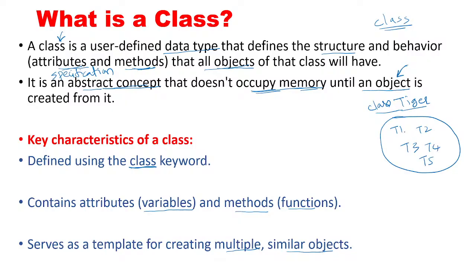All the tigers will have the same kind of structure and behavior. What is the same kind of structure? Every tiger will have the same kind of color, say. And behavior means every tiger hunts. Hunting is their behavior. So all the tigers will have the same behavior like hunting.